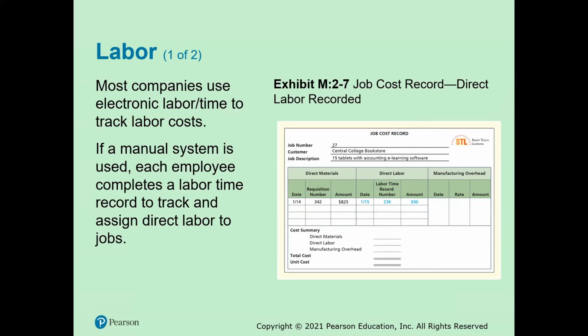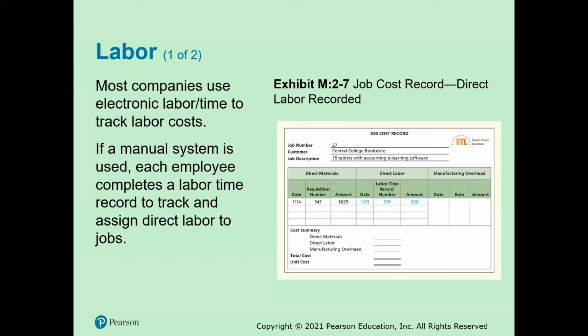Employees use ID cards to swipe in and swipe out, and then the job information is entered. The time is automatically added to the appropriate job cost record. If a manual system is used, each employee completes a labor time record or a timesheet that indicates the amount of time spent on each job.